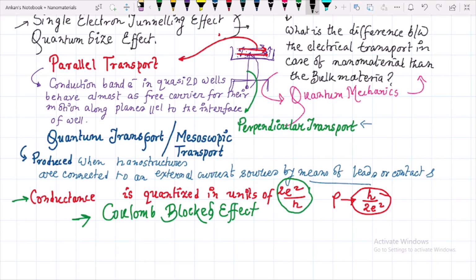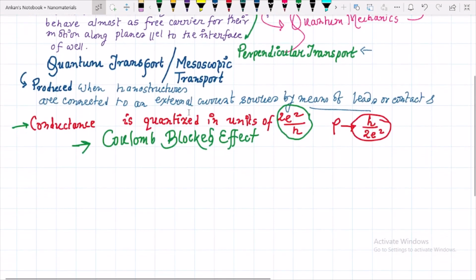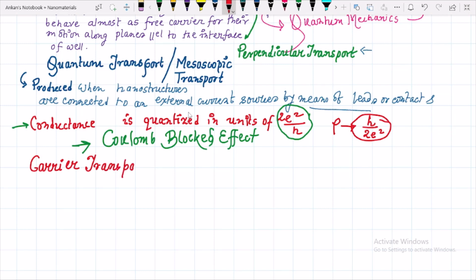Let us put a heading: carrier transport process in nanomaterial.